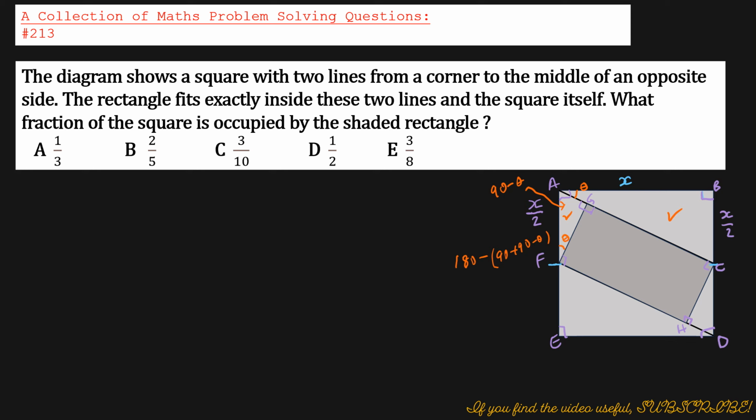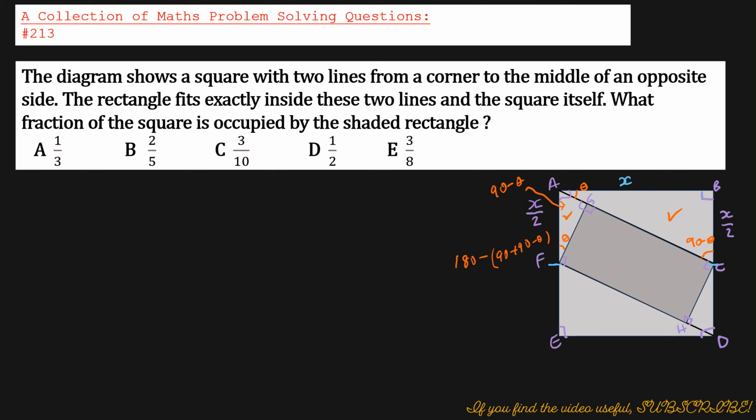So this is theta. If you now look at these two triangles, you have all the angles common. Angle AFG equals angle BAC. There are two thetas. There's 90 degrees, which is angle AGF and angle ABC. And the third angle is going to be 180 minus 90 plus theta, that is 90 minus theta.